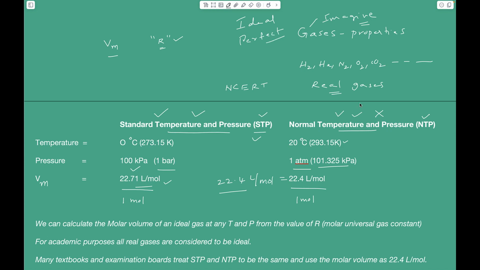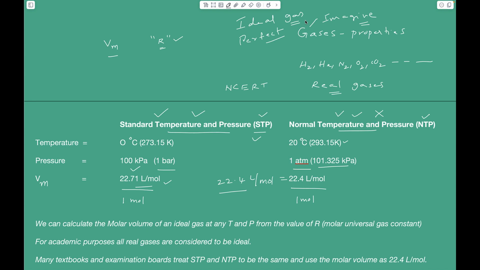And no real gas is an ideal gas because all real gases fall short of our expectations. Therefore, ideal gas or perfect gas is only an imaginary gas. It does not exist.